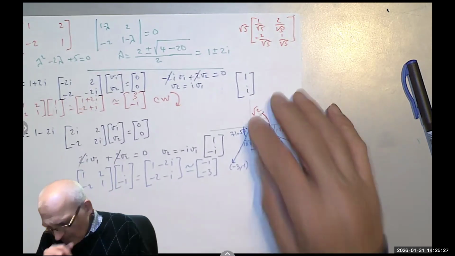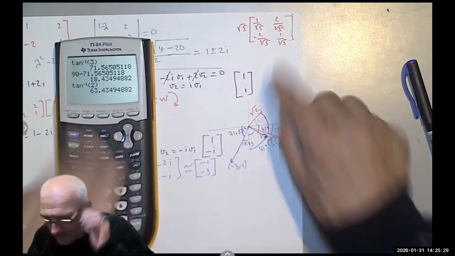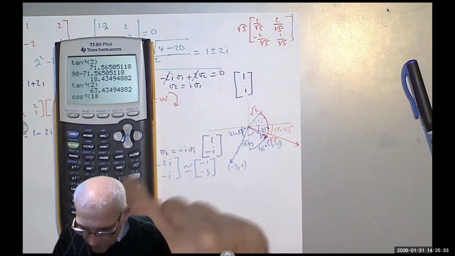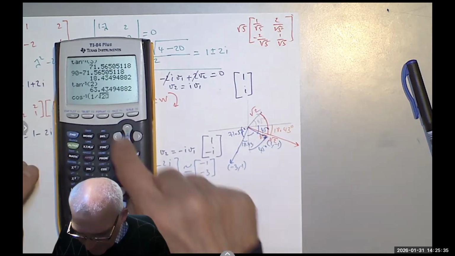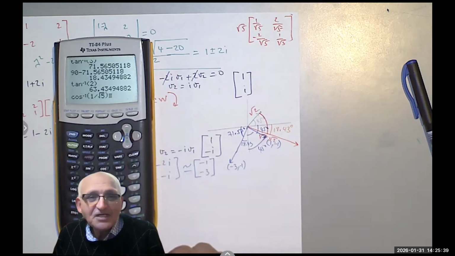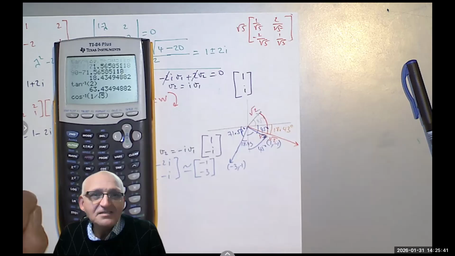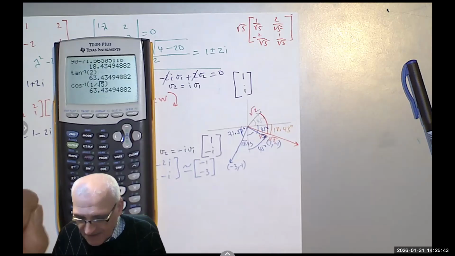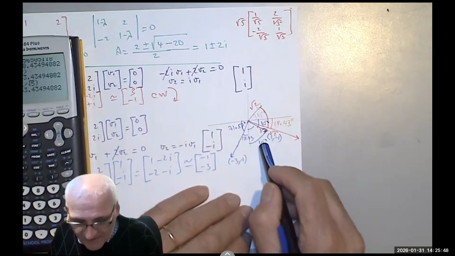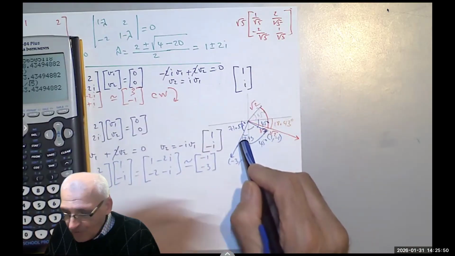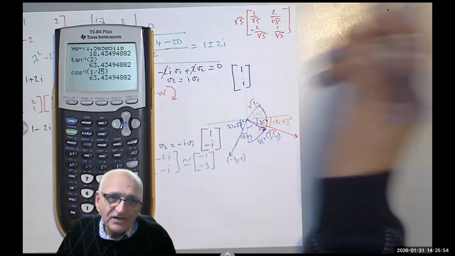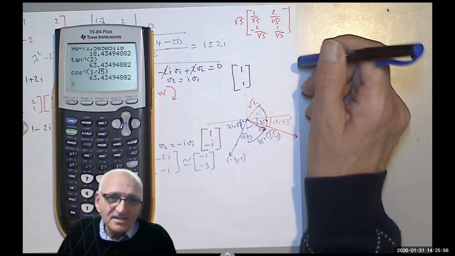And sure enough, if you take the inverse cosine of 1 over square root of 5, what do you expect this angle to be? The 63.43, right? Which is the sum of 45 and 18. Or you could have taken the arc sine of 2 over root 5. Of course, you get the same exact result.